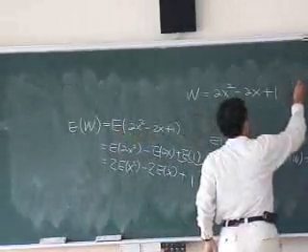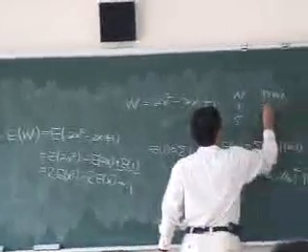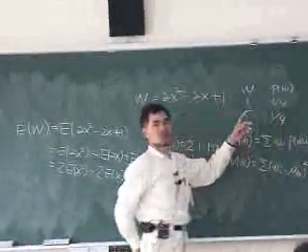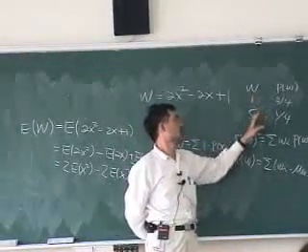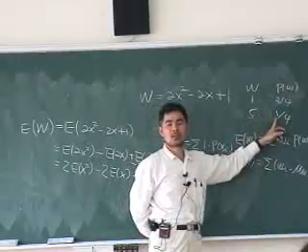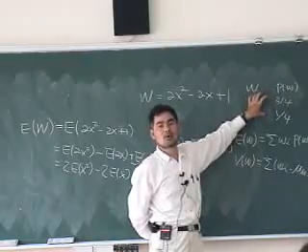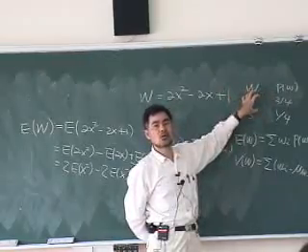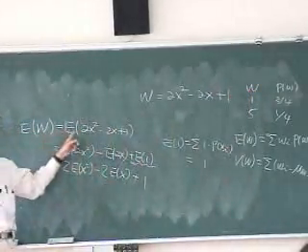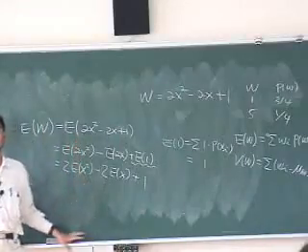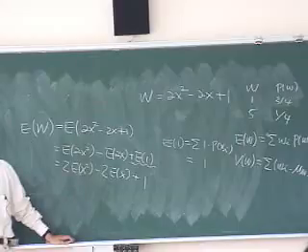A few minutes ago, we made this kind of table, the probability distribution of w, where w is equal to 1 with probability 3/4, and w is equal to 5 with probability 1/4. Do you really need to do this? No, you don't have to. Suppose you know x, and you know the relationship between w and x. If you want to know the expectation of w, you can do it like this. So this is the beauty of functions of random variables.